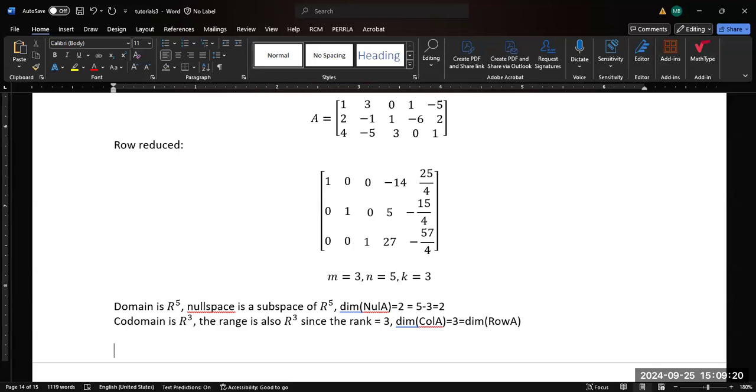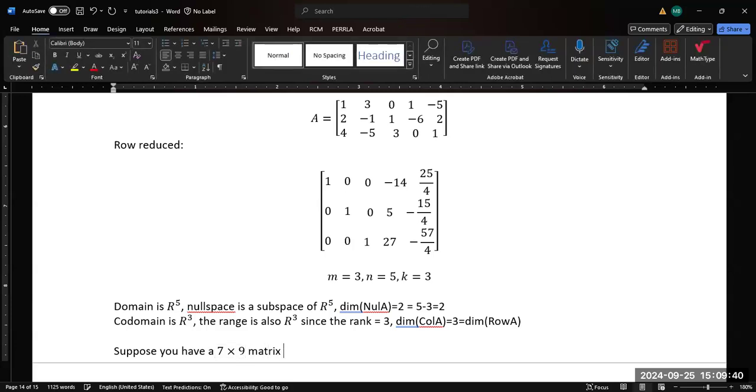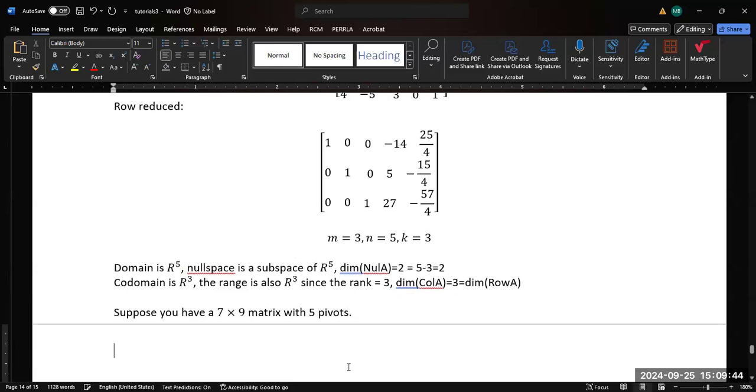So again, let's consider a slightly more generic example where we're just thinking about the dimensionality and not the individual matrix. Suppose you have a 7x9 matrix with 5 pivots.